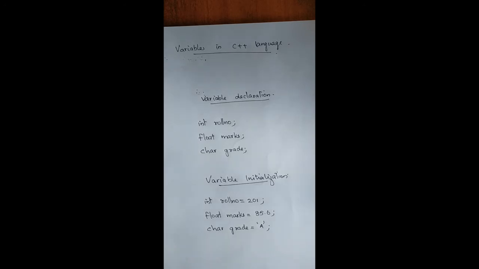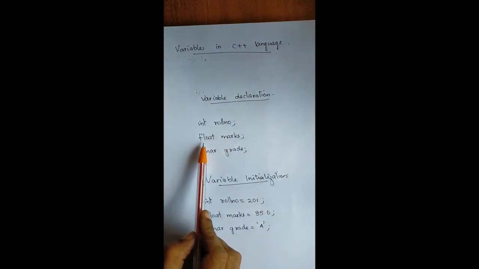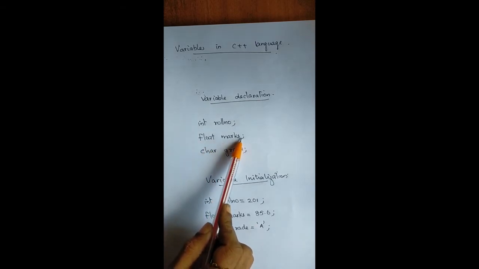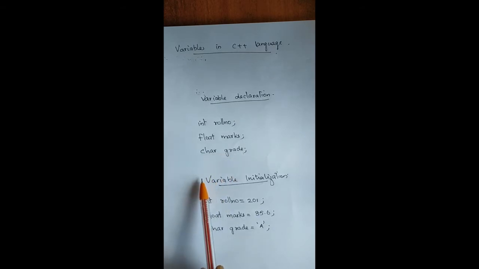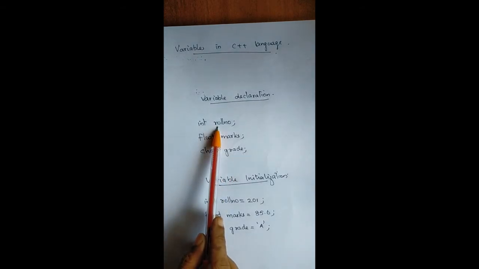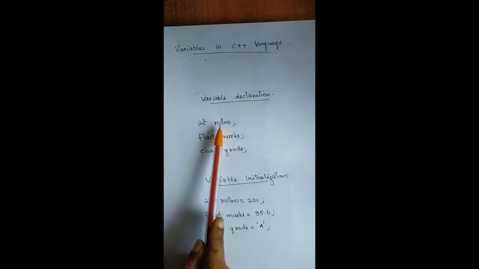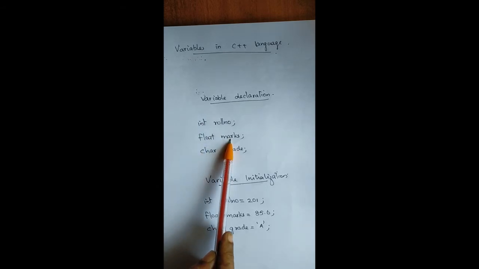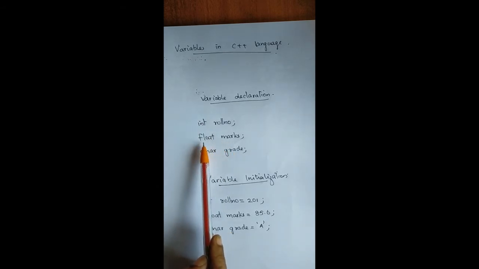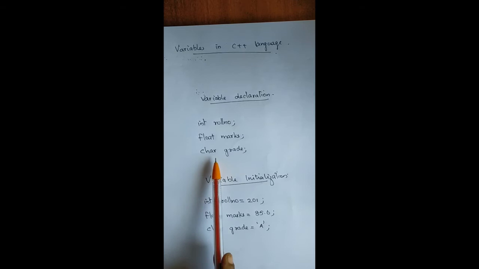The variable declaration: int rollnumber, end with semicolon; float marks, also end with semicolon; char grade, end with semicolon. Here rollnumber is a variable of type int, marks is a variable of type float, and grade is a variable of type char.